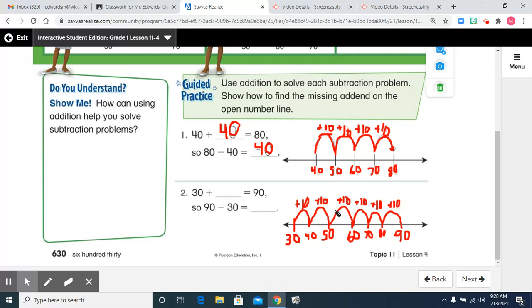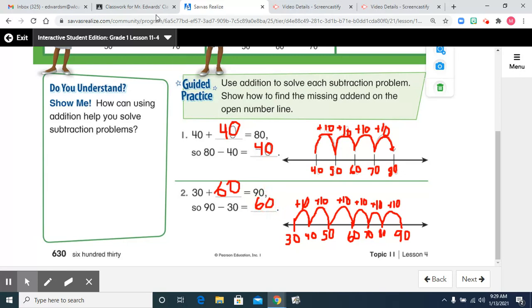Okay, now all we have to do is count up by tens each hop and see how many hops we needed to take to go from 30 to 90. Okay, count by tens. Ready, go. 10, 20, 30, 40, 50, 60. So 30 plus 60 equals 90. So now we know 90 minus 30, remember related facts? Equals 60.